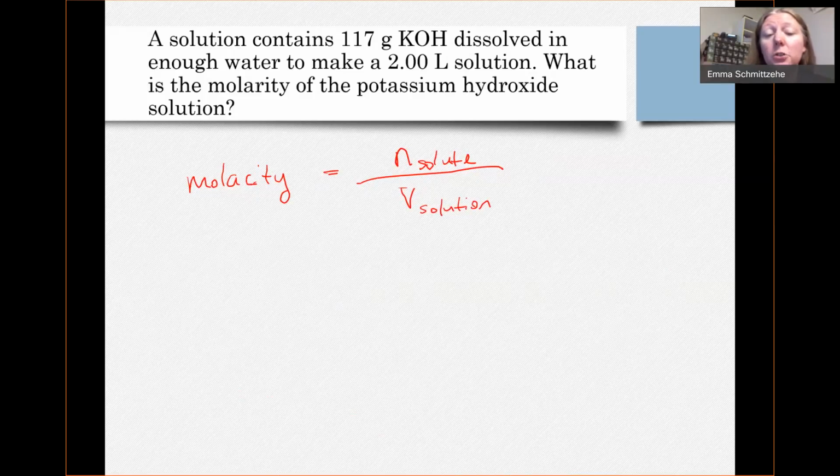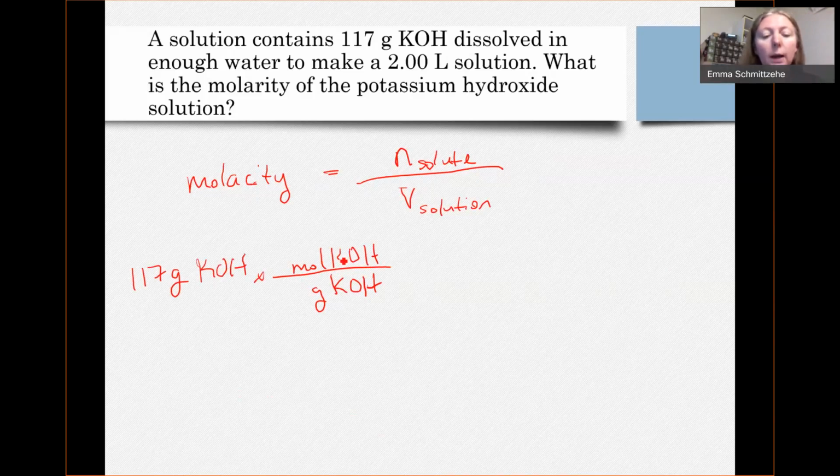So KOH is our solute. I'm going to first take my 117 grams of KOH and convert those grams of KOH to moles of KOH. I need to add up potassium, 39.10, plus oxygen, 16.00, plus hydrogen, 1.01.